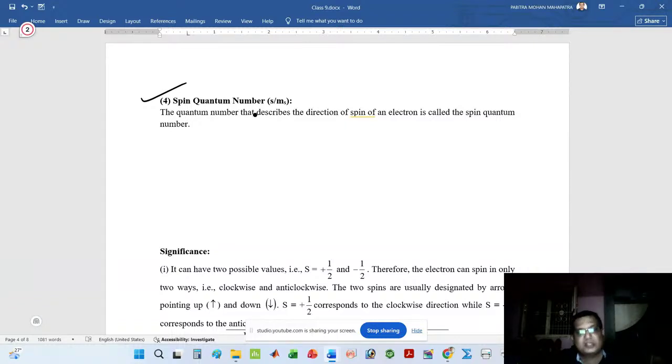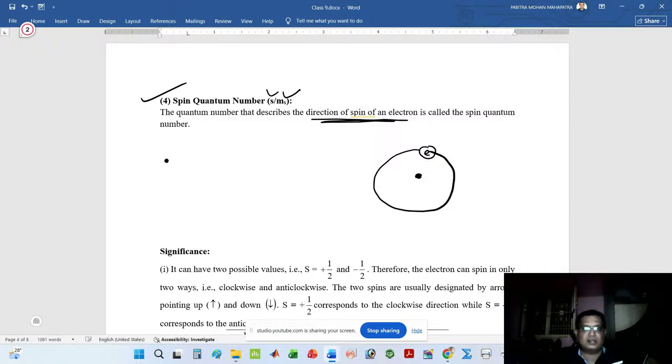Next, think about the spin quantum number. It is denoted by S or ms. The spin quantum number is related to the direction of spinning of an electron. Actually, we know that this is the nucleus and the electron revolves around the nucleus in a circular orbit.